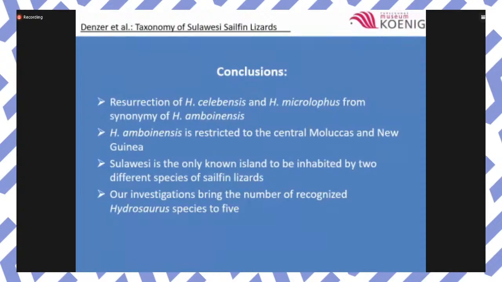And on the other side, Sulawesi is the only known island to be inhabited by two different species of sailfin lizards, which is very unusual and unique and something special. So our investigations bring the number of recognized Hydrosaurus species to 5, which is a nice result in this small group of amazing dragon-like lizards.